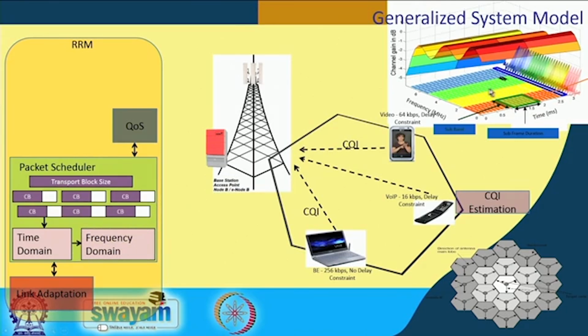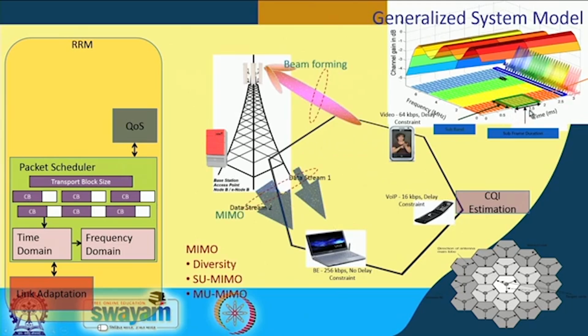By time domain scheduling, what is meant is that the packets are differentiated in the time domain so that different requirements can be met for different users, and frequency domain scheduling takes advantage of the fluctuations along the frequency axis, so as to allocate the appropriate resource block to the appropriate user.